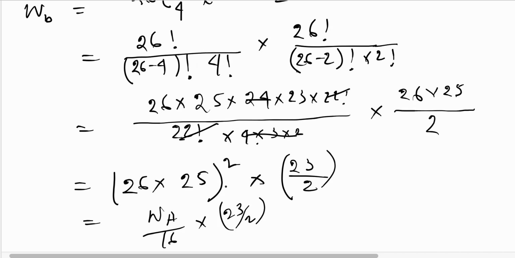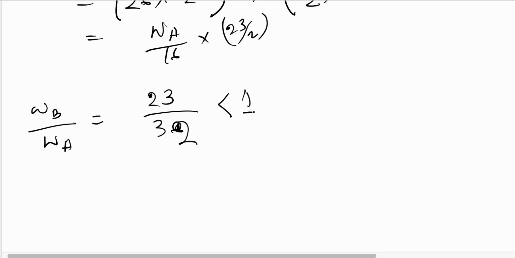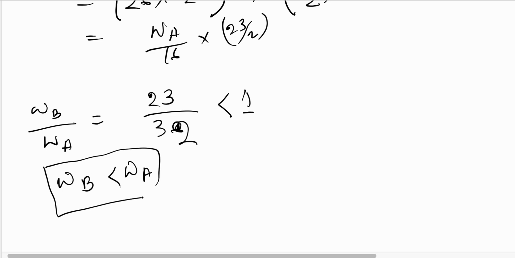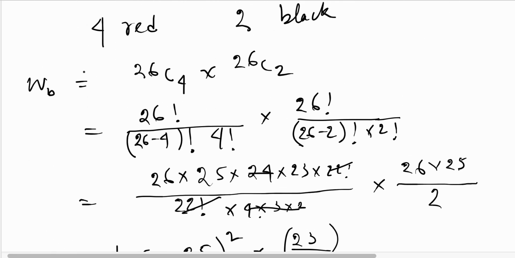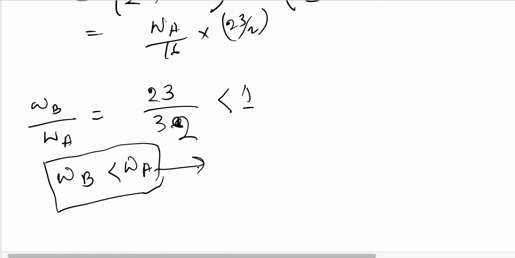That means omega B by omega A is 23 by 32, which is less than 1. That means omega B is less than omega A. That means Bob's entropy is less than Alice's entropy.